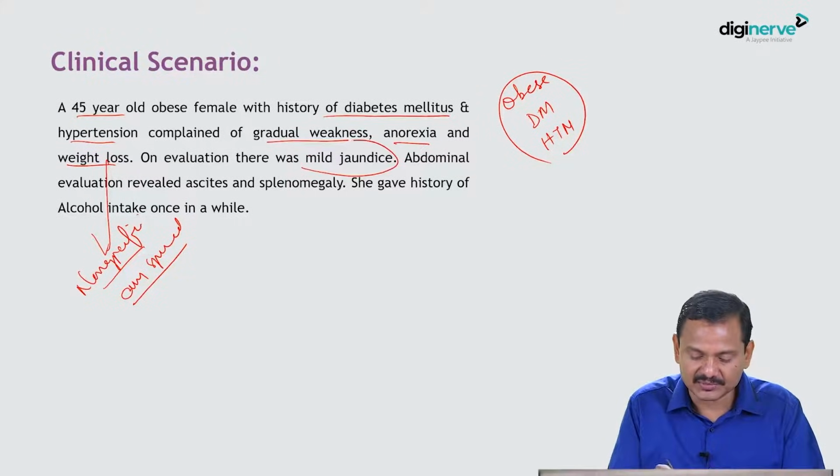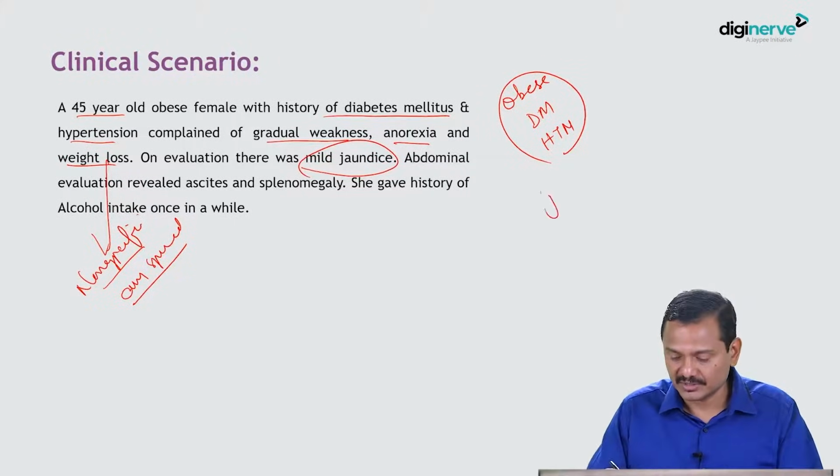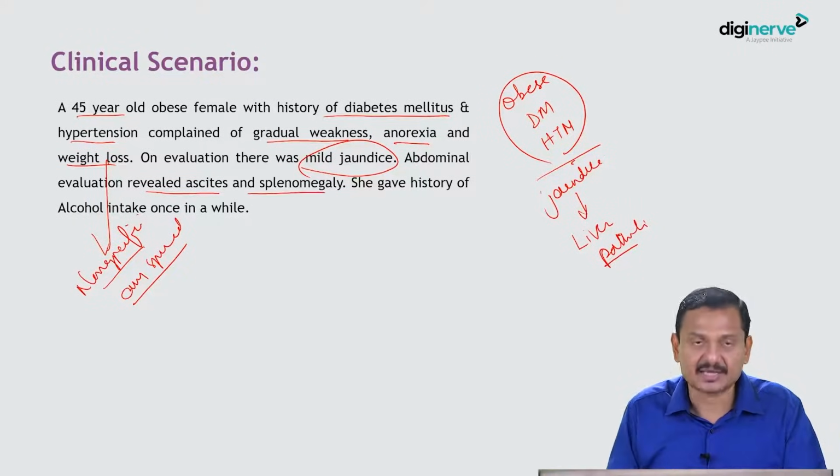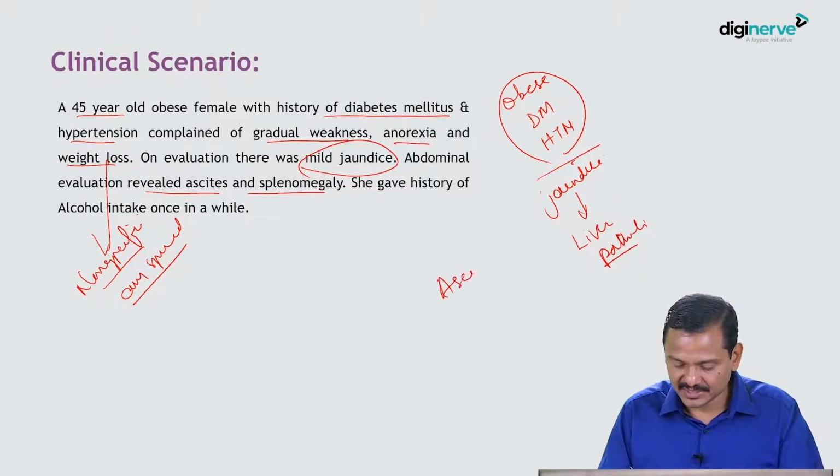On evaluation, there was mild jaundice. Now once you include jaundice in the equation, this favors some liver pathology. Then on evaluation she revealed ascites and splenomegaly. There was ascites plus splenomegaly.